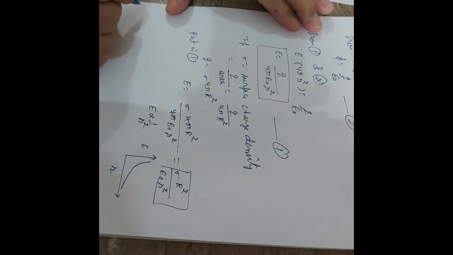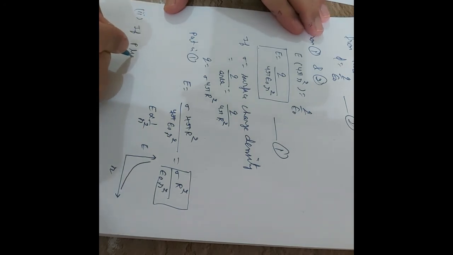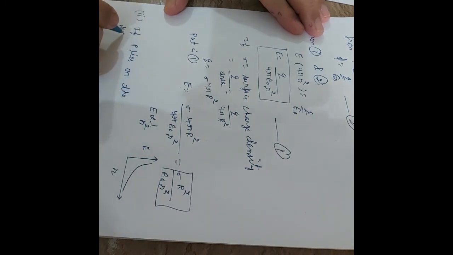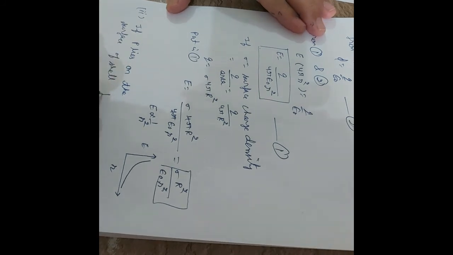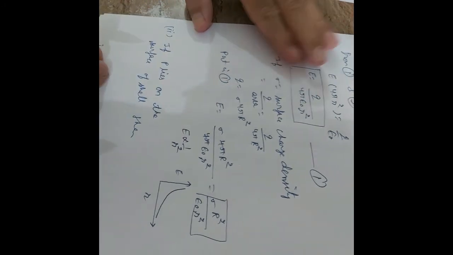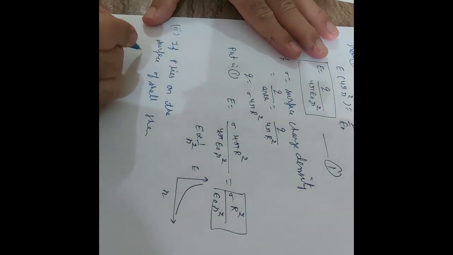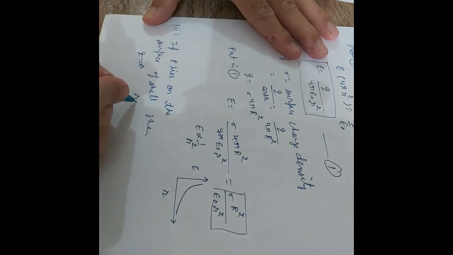Second, if P lies on the surface of the shell, then small r is equal to capital R. Therefore E will be equal to Q by 4 pi epsilon naught R square.